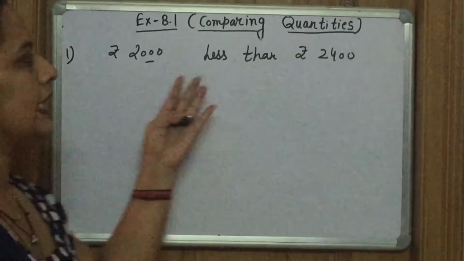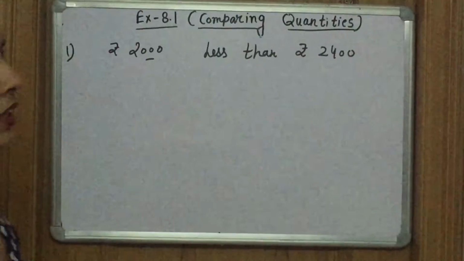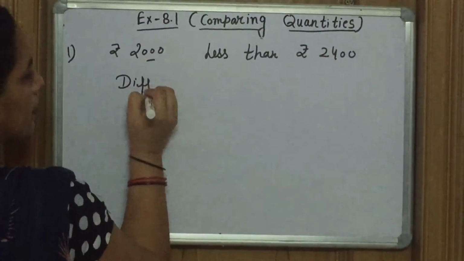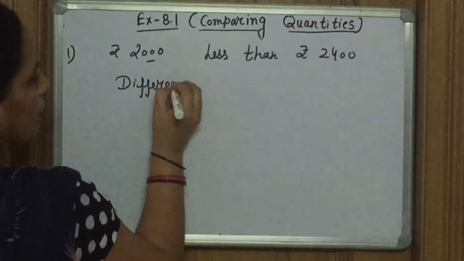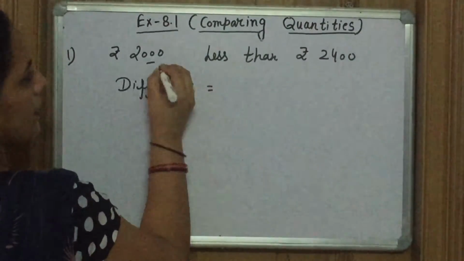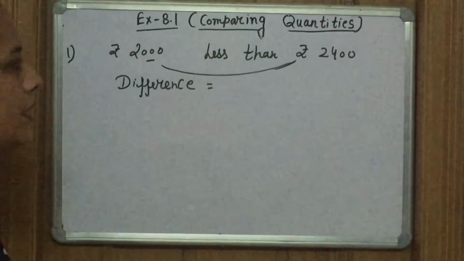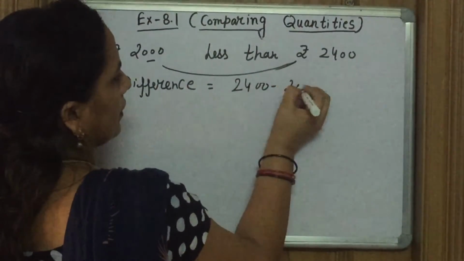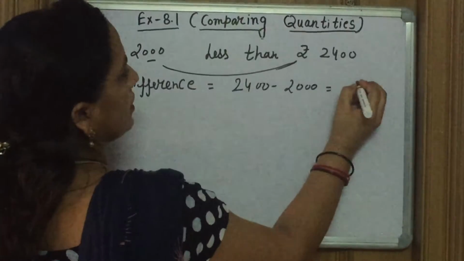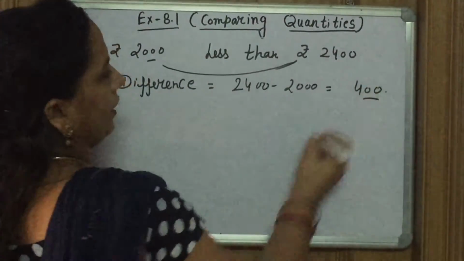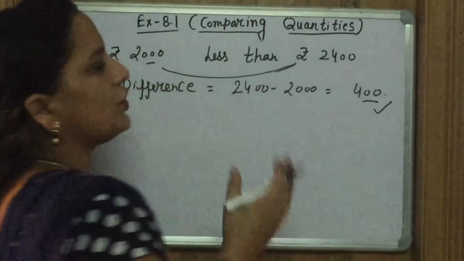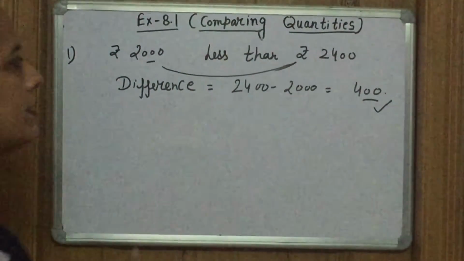So first of all, find out the difference between these two quantities. We can find out the difference, which is equal to 400. Now you have to find out the percentage of this difference.